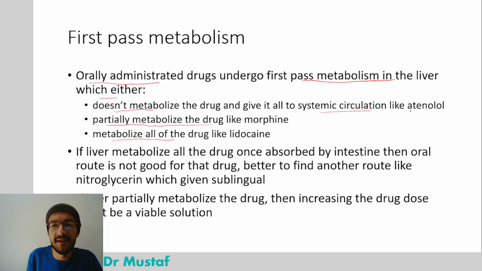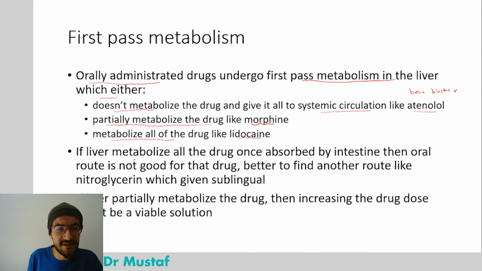An example would be atenolol, which is a beta blocker. Or it partially metabolizes the drug, like morphine, which is an opioid painkiller, or it metabolizes all of the drug, like lidocaine, which is a local anesthetic.